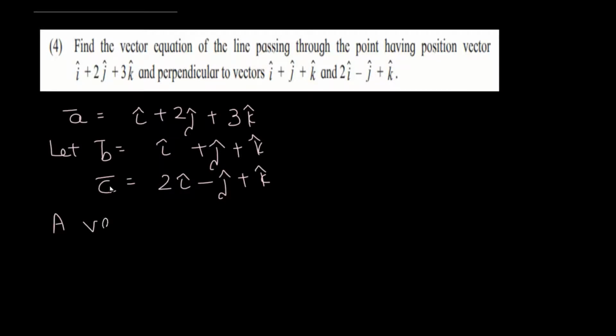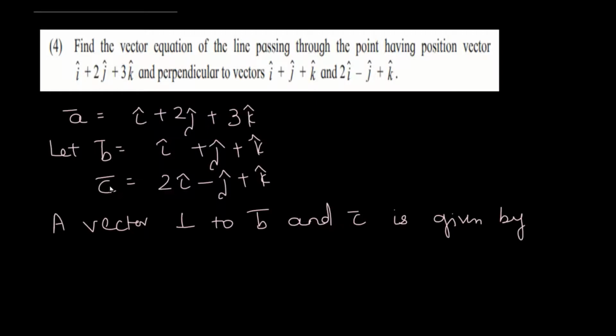So let b is equal to i plus j plus k and c is equal to the other vector, that is 2i minus j plus k. Now a vector which is perpendicular to b and c is given by what? You tell me.